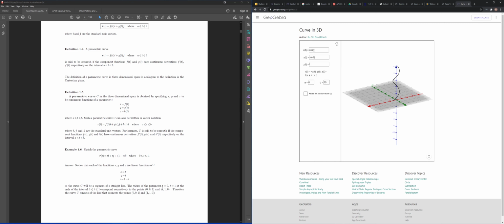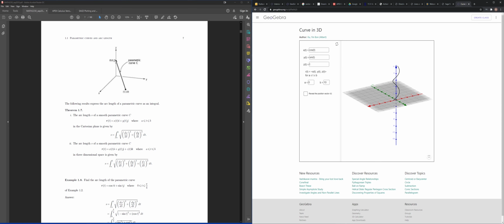So t equal to 0 gives me 0, 0, 1 minus 0, which is 1. And t equal to 1 gives me 1, 1, 0. So t equal to 0 gives me this point over here, and t equal to 1 gives me this point.